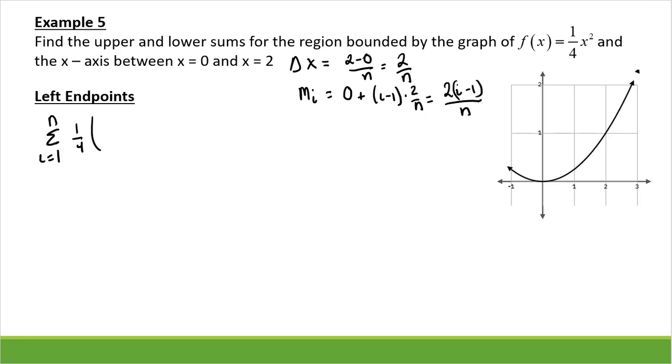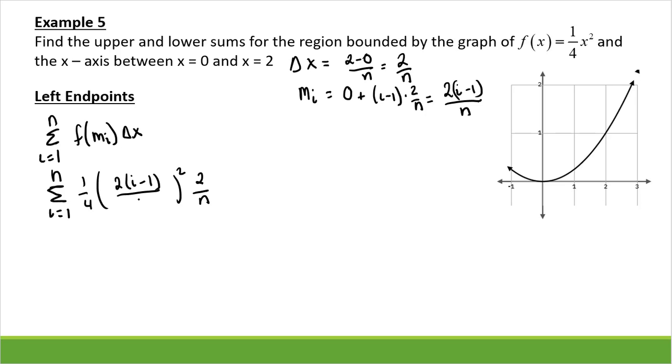So again, what that equals: my function is 1/4 x squared, times delta x, just my x is this 2(i minus 1) all over n. My best advice here is to simplify everything out and pull out anything that has an n in it. So actually, let me do one more simplification here.